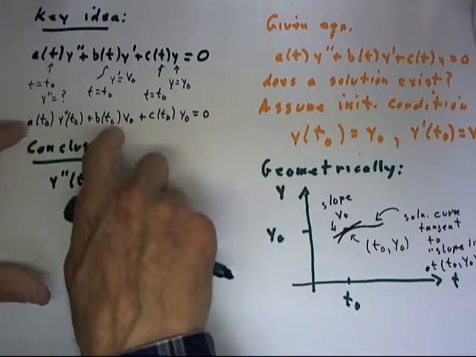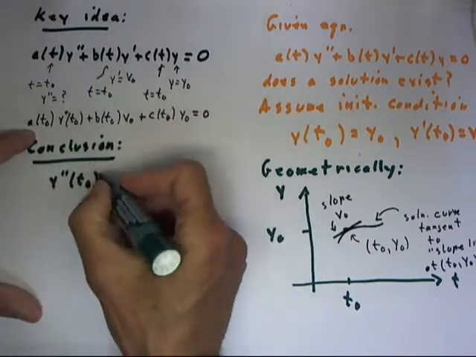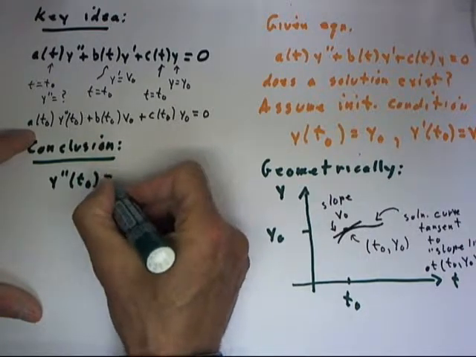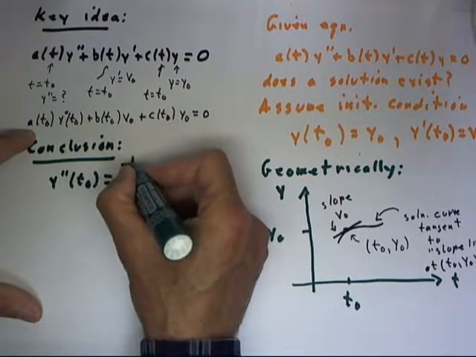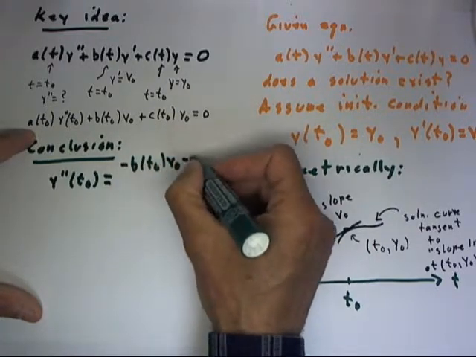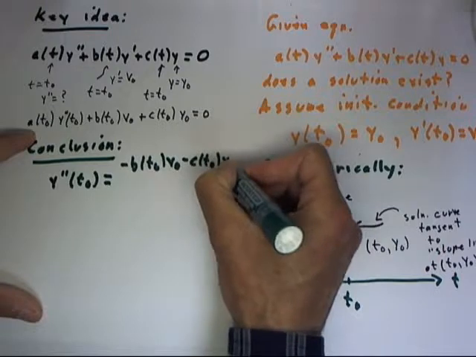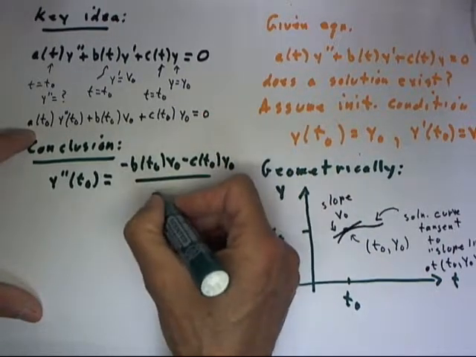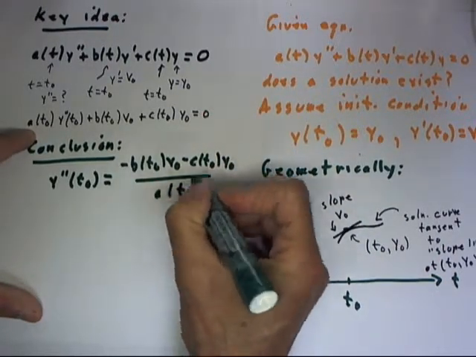We know this, we know this, we know this. Y double prime of t naught equals, well, it's going to be negative b of t naught v naught minus c of t naught y naught divided by a of t naught.